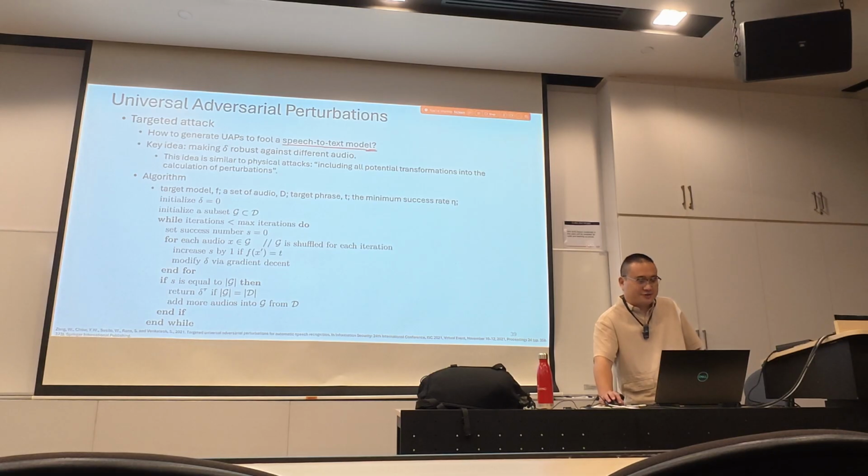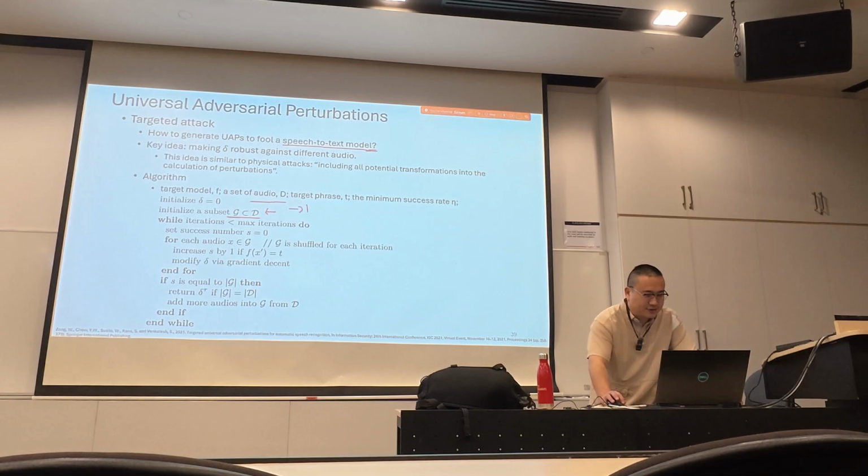That's why, instead of considering all the audio together at the beginning, we gradually consider more and more audios. So we initialize a subset G. Subset G can start with just one audio, and when the UAP fools that one audio, we add another audio. So we increase the size of the subset until we consider all the audios in the set D.